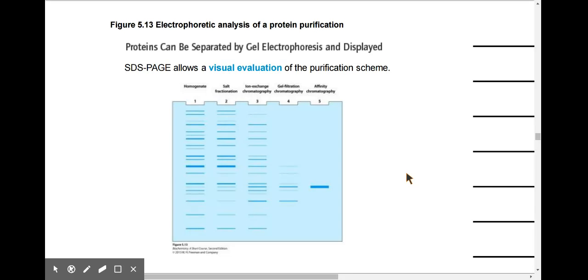We only lose a couple between homogenate and salt fractionation. We just lose a couple bands. We only lose a couple more on ion exchange, because we still have a lot of proteins in our mixture. And then with gel filtration chromatography, we isolate the fraction of those proteins that are around the size of the protein that we're looking for, and then affinity chromatography leaves us with a highly enriched sample.